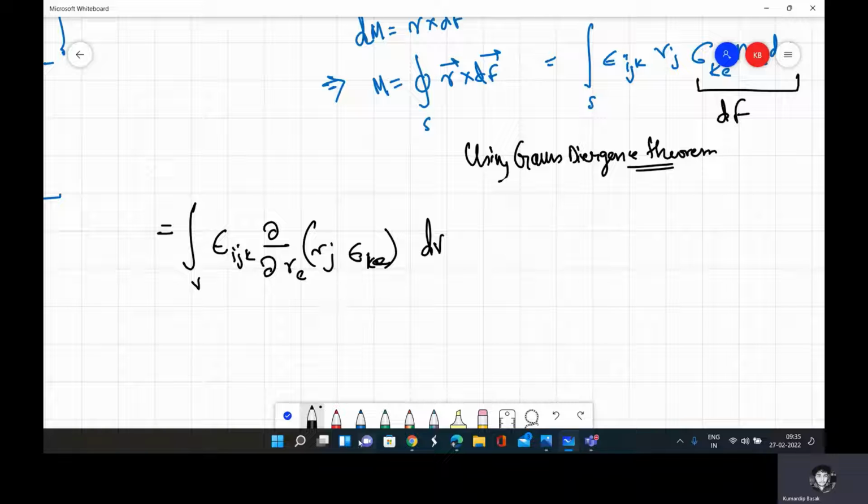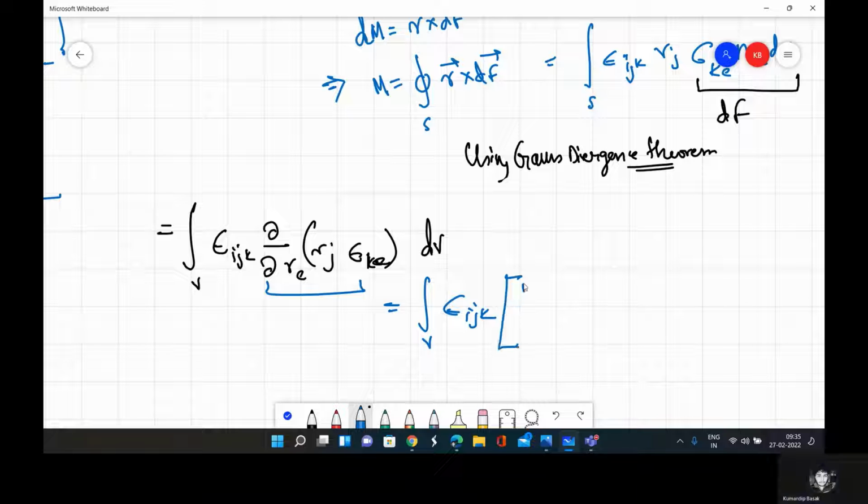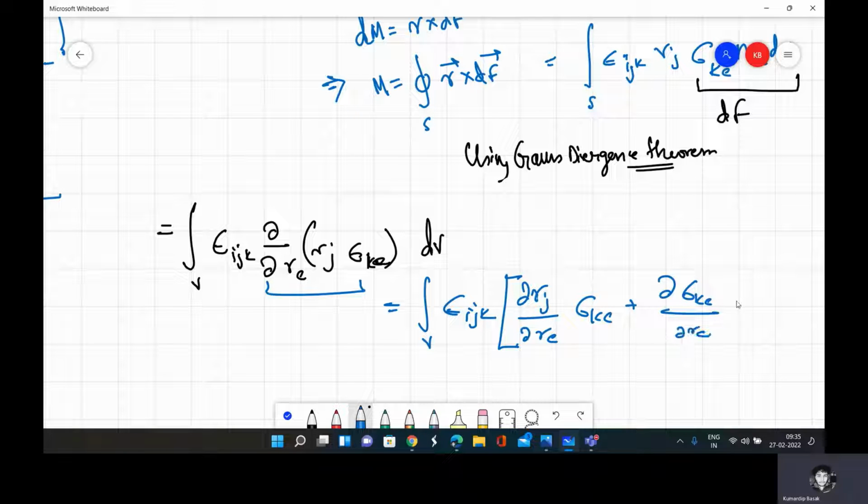So using the chain rule, we again decompose it as epsilon ijk into del r_j divided by del r_e into sigma_ke, plus del sigma_ke divided by del r_e into r_j. Very simple.